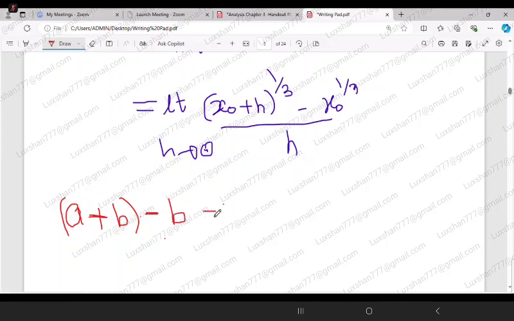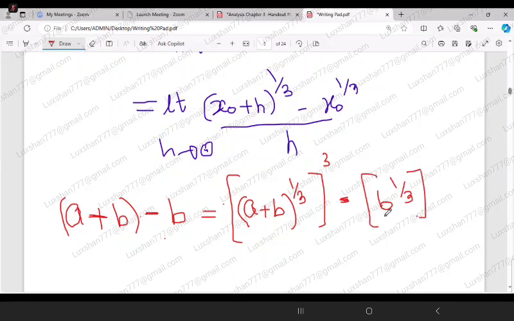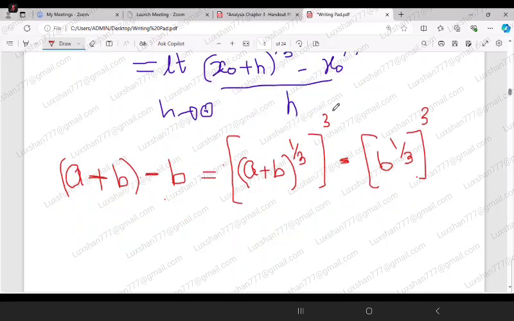You can write this as (a plus b) to the power 1/3, to the power 3, minus b to the power 1/3, to the power 3. Okay, so when these are multiplied, we will get 1 here. Now we know the factorization of this one.